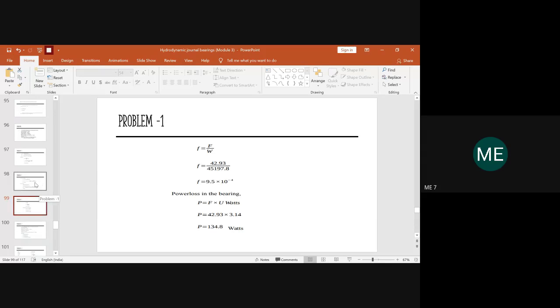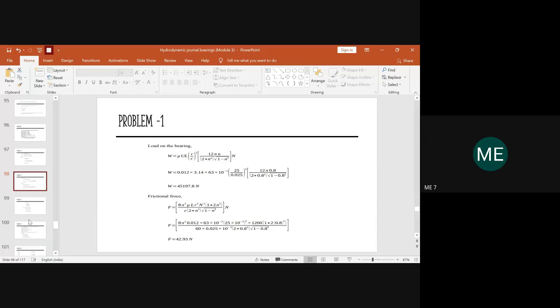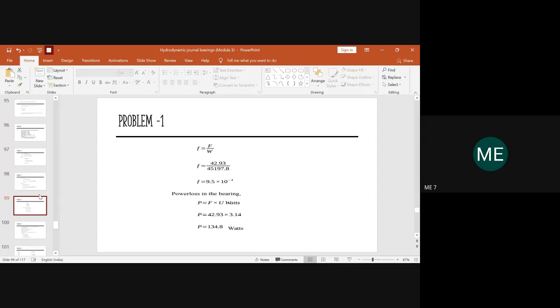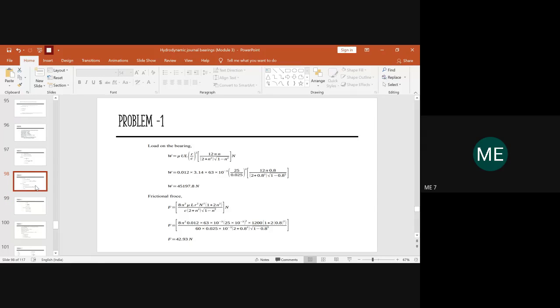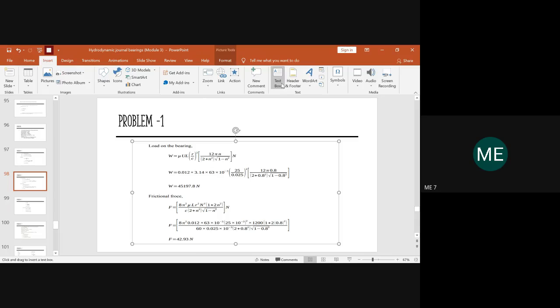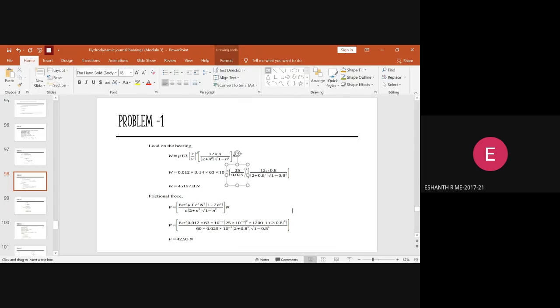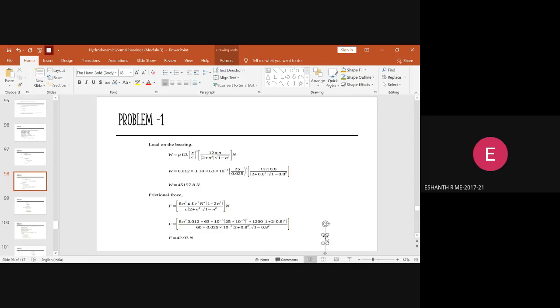So just remember the answer, how much you have got. So once the frictional force you have obtained, you told 2 point something or so, is it? How much is it? Ma'am, that is including 60. Without 60, I'm getting 38.6.